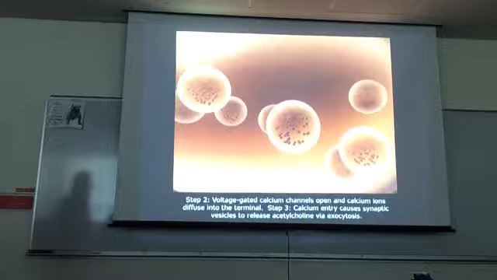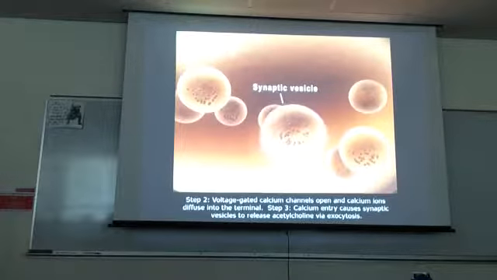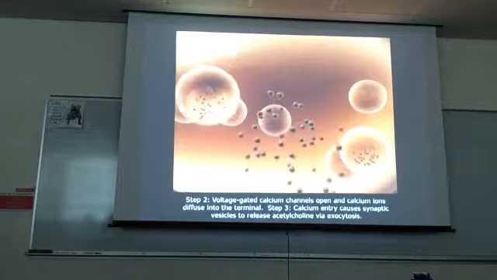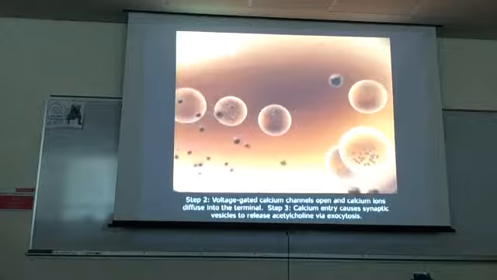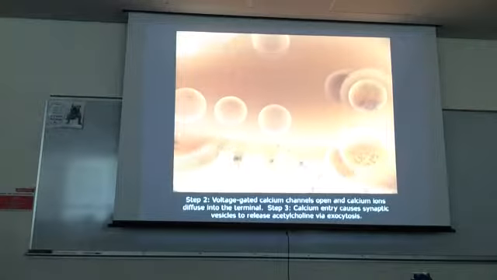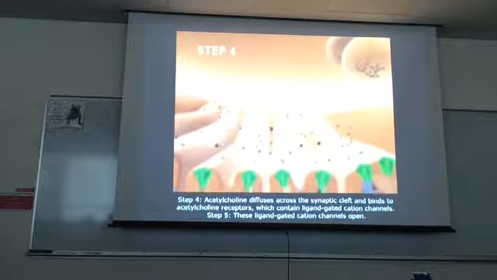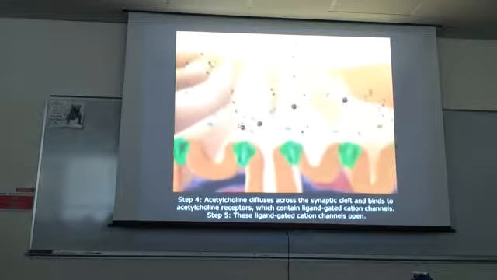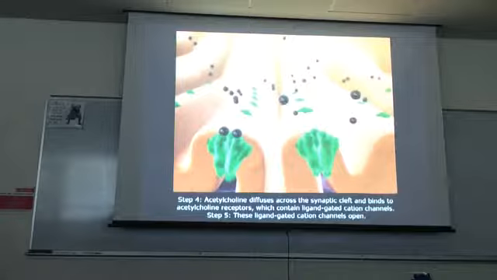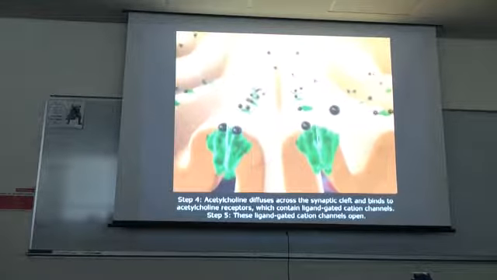Calcium entry causes synaptic vesicles to release acetylcholine via exocytosis. Step 4. Acetylcholine diffuses across the synaptic cleft and binds to acetylcholine receptors, which contain ligand-gated cation channels.